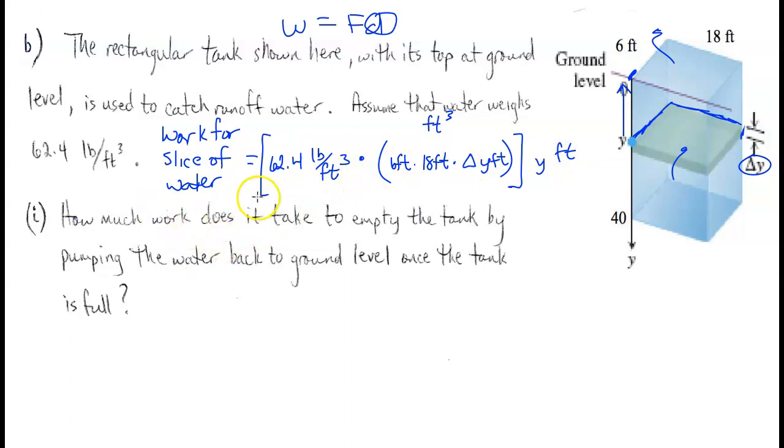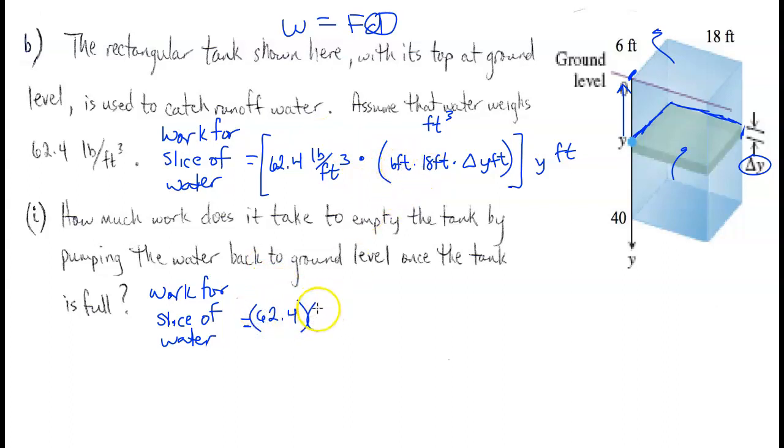So in looking at that, if I come down here again and say work for slice of water, then all I'm going to do is take the 62.4, multiply it times 6, multiply it times the 18, and I'm just going to put 62.4 here.